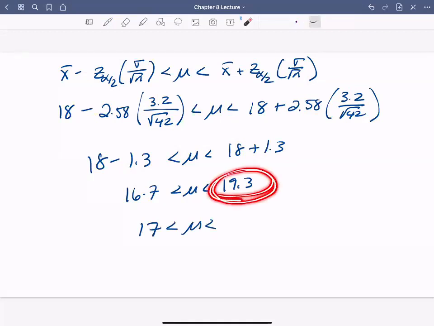And 19.3, well, if I go above, that's 20. Well, 20 is way out here. It doesn't lie in between here. But 19 does. So we're going to say 19. So we are 99% confident that the average number of patients they will see in an hour is either 17, 18, or 19. That's another way of saying it.